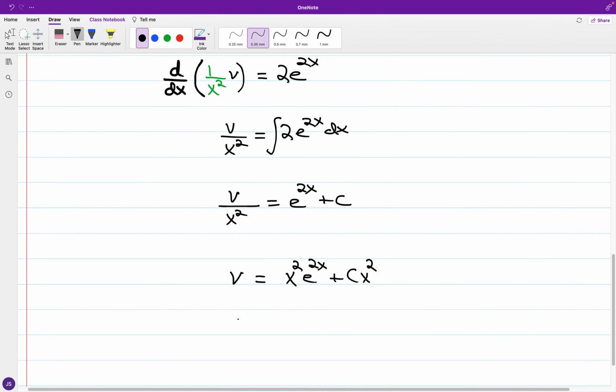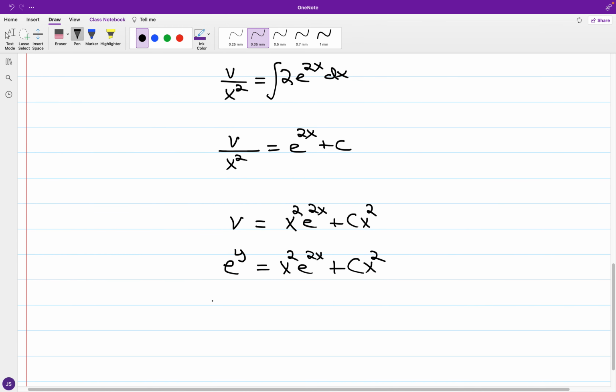Again, we had earlier that v represented e to the y. If I take the natural logarithm of both sides, I'm going to end up with y is equal to the natural logarithm of the quantity of x squared times e to the 2x plus cx squared.